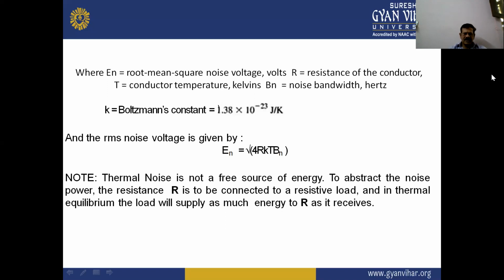Here we note that thermal noise is not a free source of energy. To extract the noise power, the resistance R is to be connected to a resistive load, and at thermal equilibrium the load will supply as much energy to the resistance as it receives.